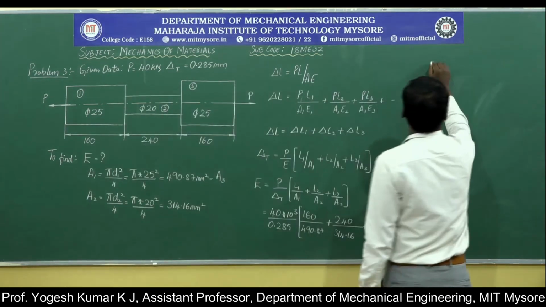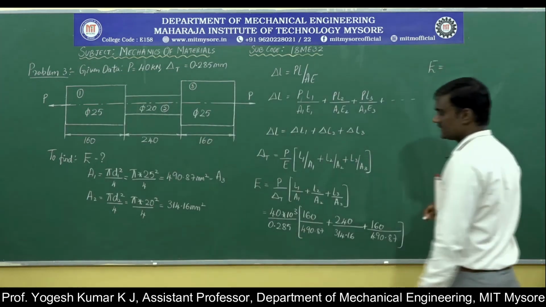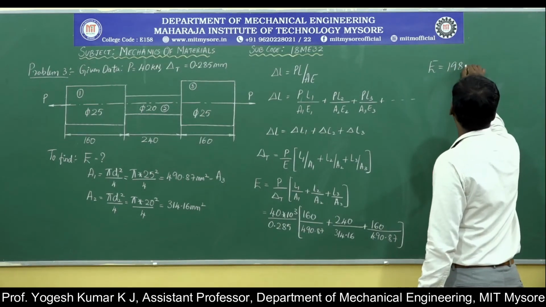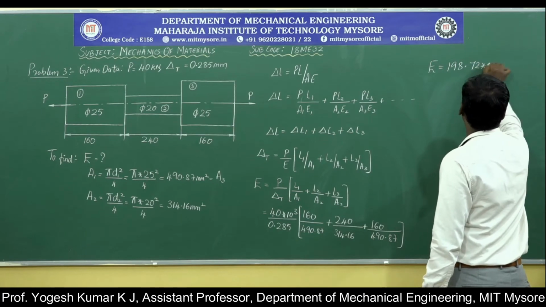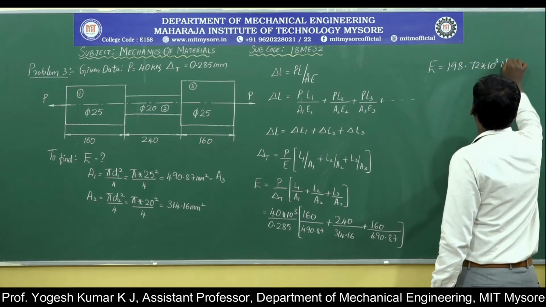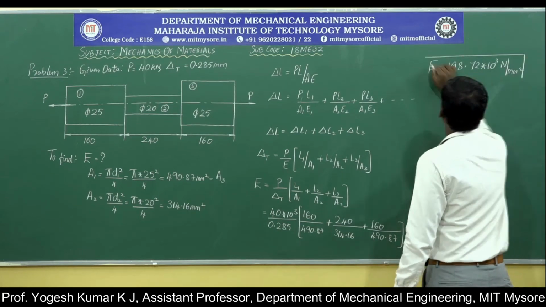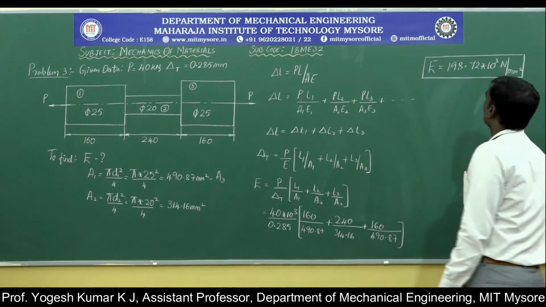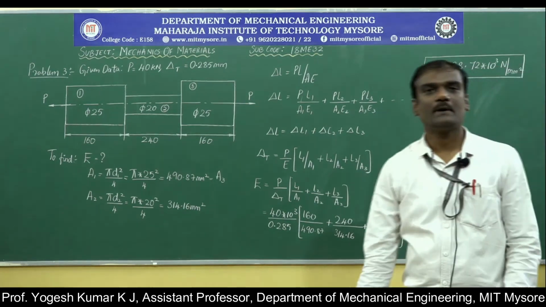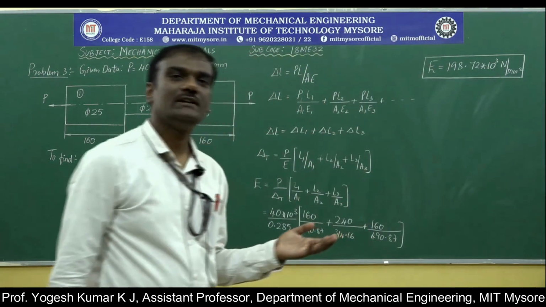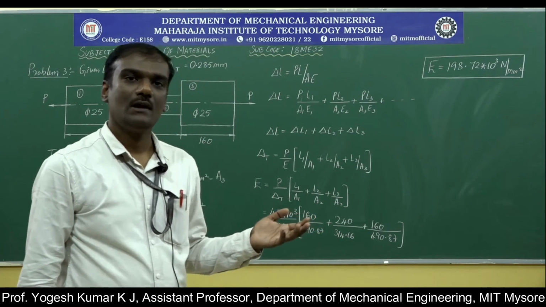On solving this using the calculator, we get Young's modulus as 198.72 into 10 power 3 Newton per mm square, and it can also be said as 198.72 kilonewton per mm square.